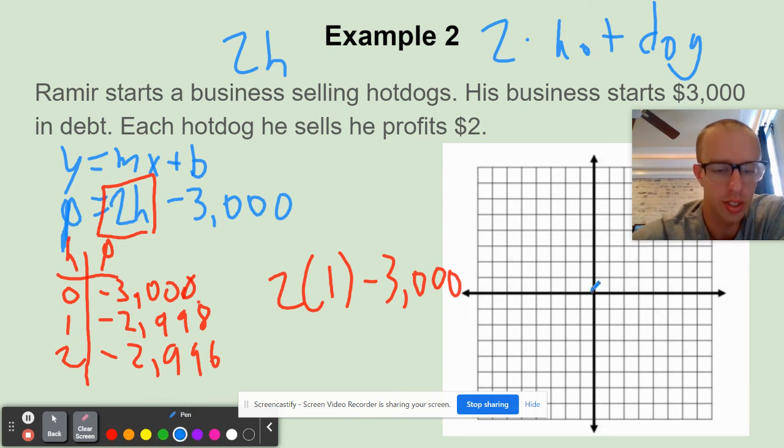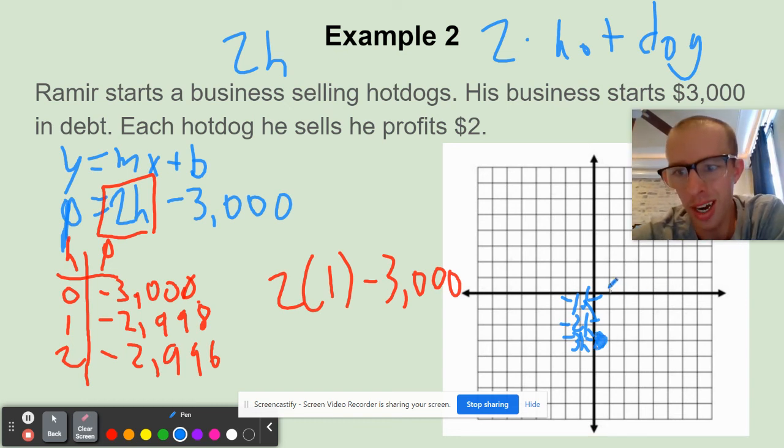So we're going to start at negative 3,000. Let's just say that these are down by 1,000, so this is negative 1K, negative 2K, negative 3K. Start here at negative 3K. And let's try to make this a 1-for-1 or a 1-for-2 deal here.